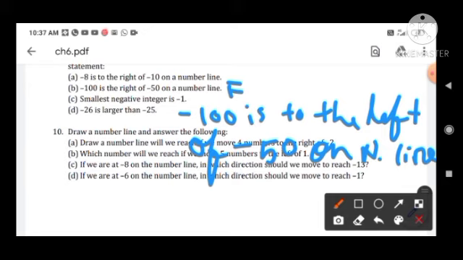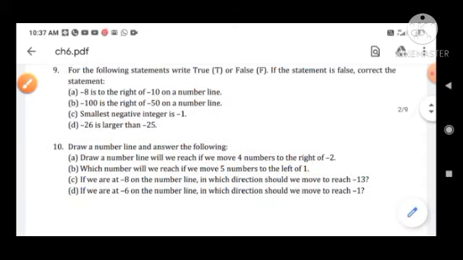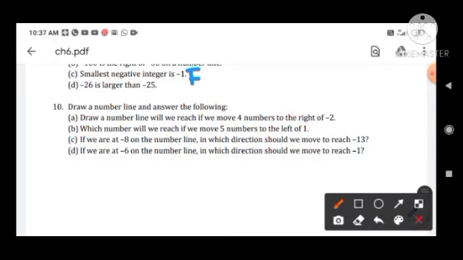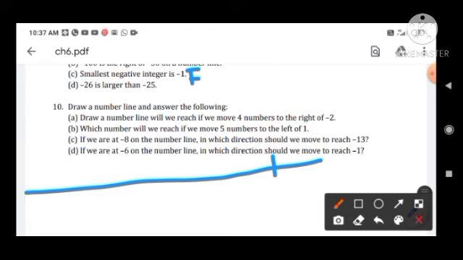Okay, now come to question C. Smallest negative integer is minus 1. Okay, again I am repeating, smallest negative integer is minus 1. Is it true or false? Yes, this will be false. In the number line, this is 0, and first what do we get?